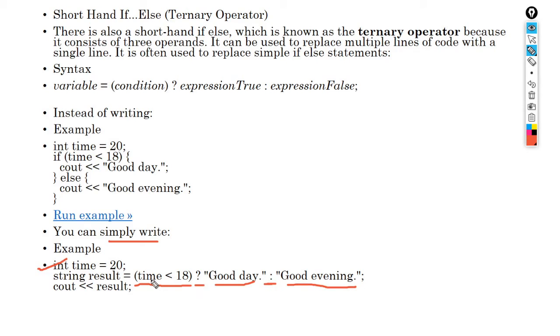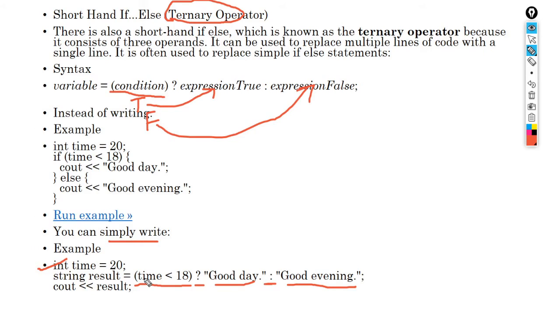This is called the ternary operator, or you can say the conditional operator. First you write the condition and then a question mark. If the condition is true, then it will execute the first expression, and if the condition is false, then it will go to the second expression and execute the second expression.